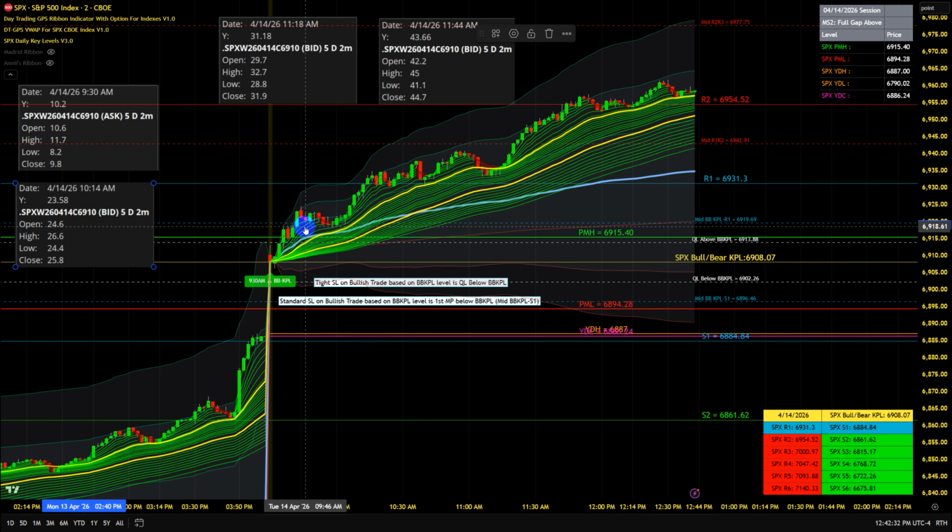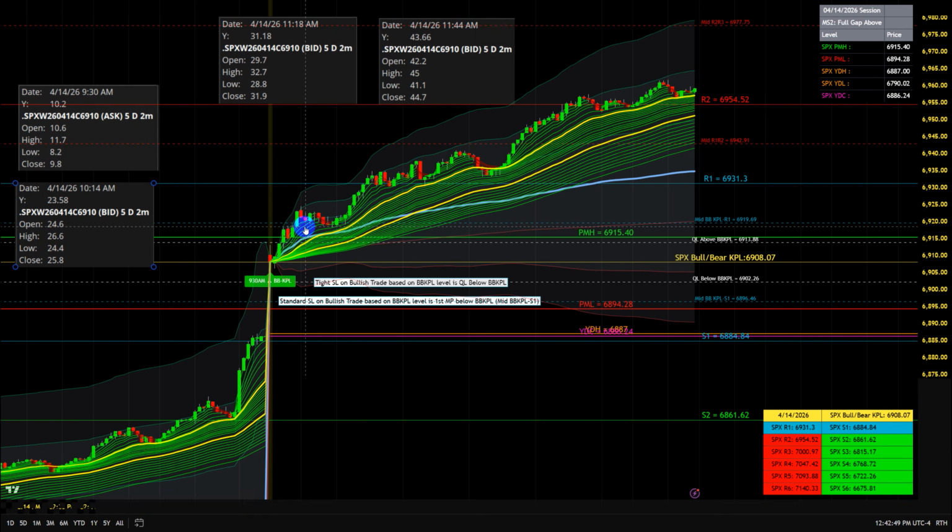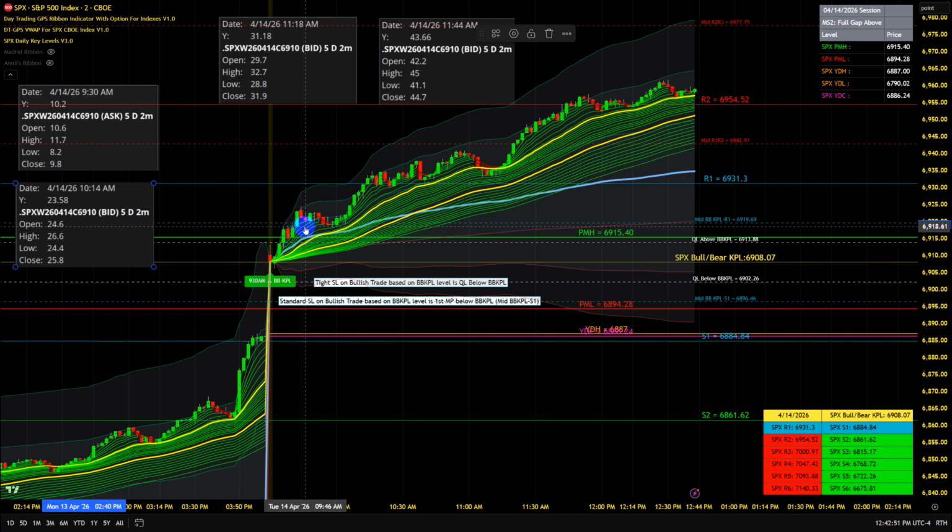So you're looking for confluence where the ribbon is in confluence with the particular close above or close below the main key level or contextual level. Now, if you wanted a little more confirmation on your entries, then you can also use the VWAP.